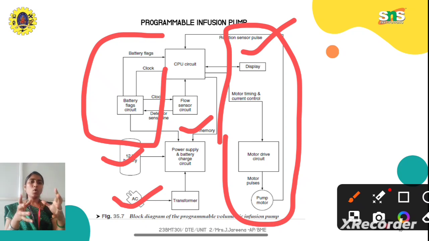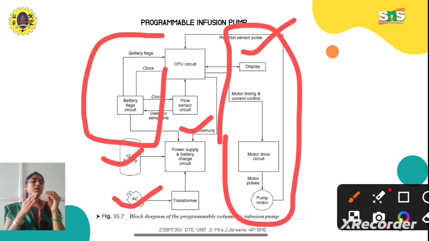I think now you are clear about what a programmable infusion pump is. Again, there are three major blocks. One is the power supply, either AC or a 12-volt battery. The second is the pumping mechanism, where you have a motor driven by the motor drive circuit according to the signals sent by the CPU unit.